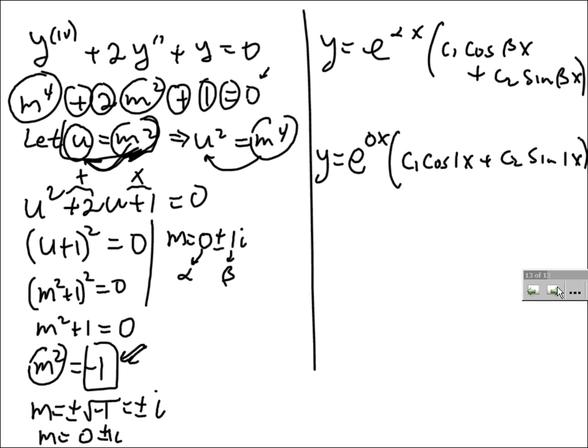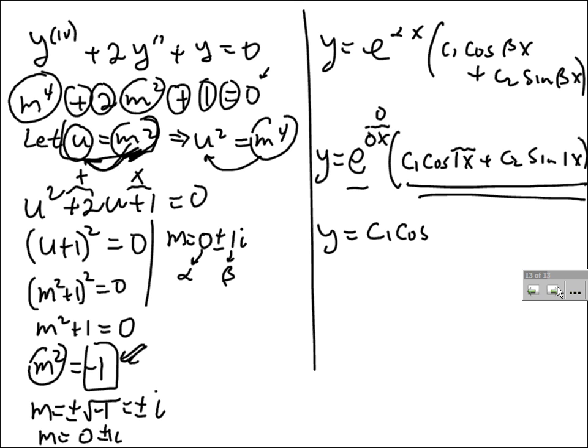Clean it up a little bit. 0 times x is 0, and e to the 0 is 1. So y is c1 times cosine of x plus c2 times sine of x. There is your solution to this fourth degree equation.